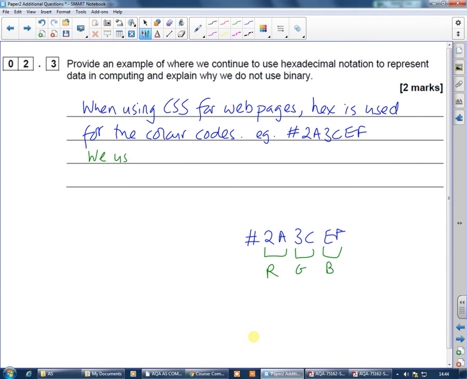We use hex because it is shorter than writing binary, but it represents the same value.